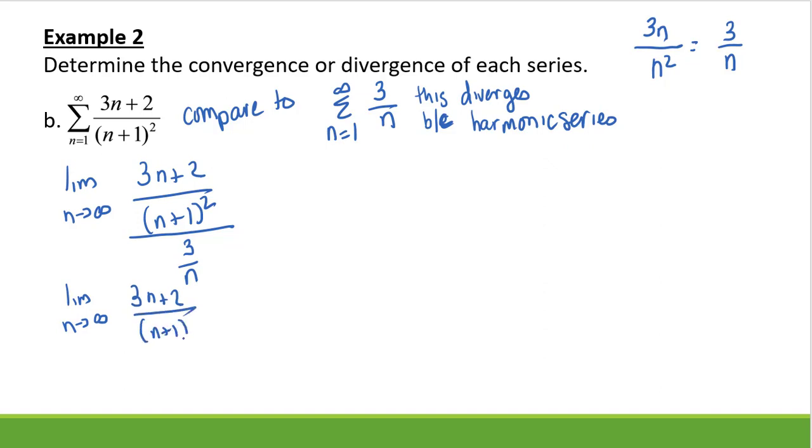If I simplify that all out and find my limit, that limit would be 1, because I'd have 3n squared on the top and 3n squared on the bottom. And something I didn't highlight, but this is finite and positive. So the two series behave the same.